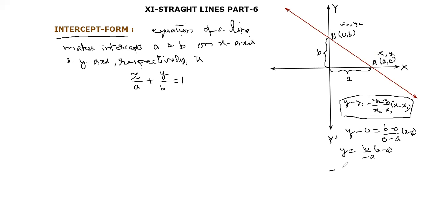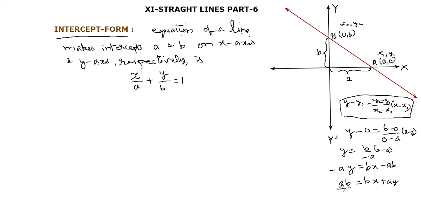And you can multiply: minus ay is equal to bx minus ab. Minus bx, we can write, we have to bring ab this side, left side, and other terms on right hand side: bx plus ay equals ab.